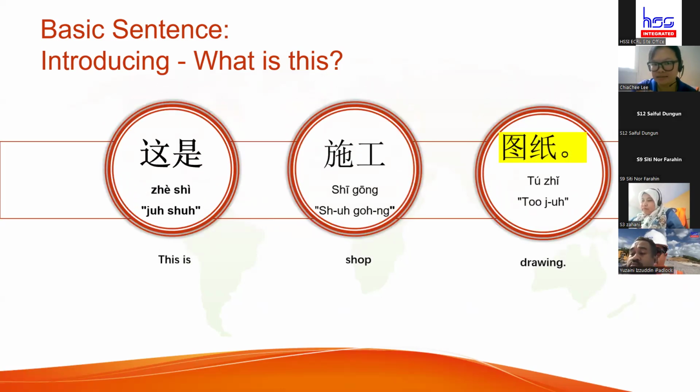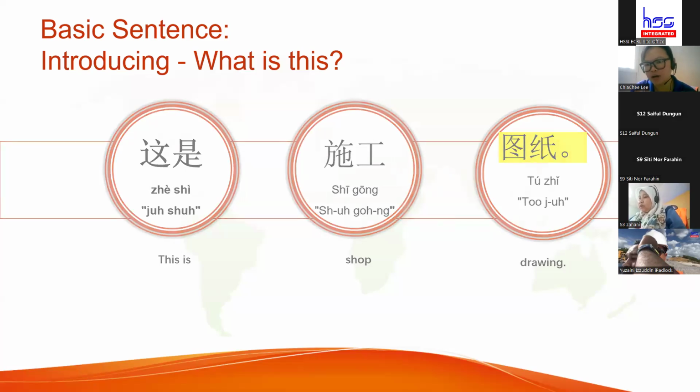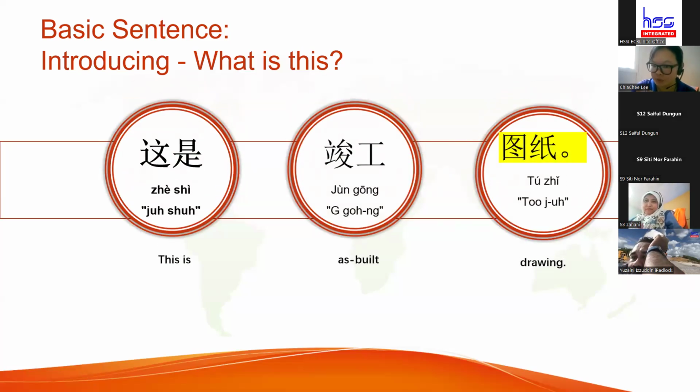When I ask 这是什么? Then the answer is this is shop drawing. 这是施工图纸. Alright? Then the last type of drawing we have today is as-built drawing.